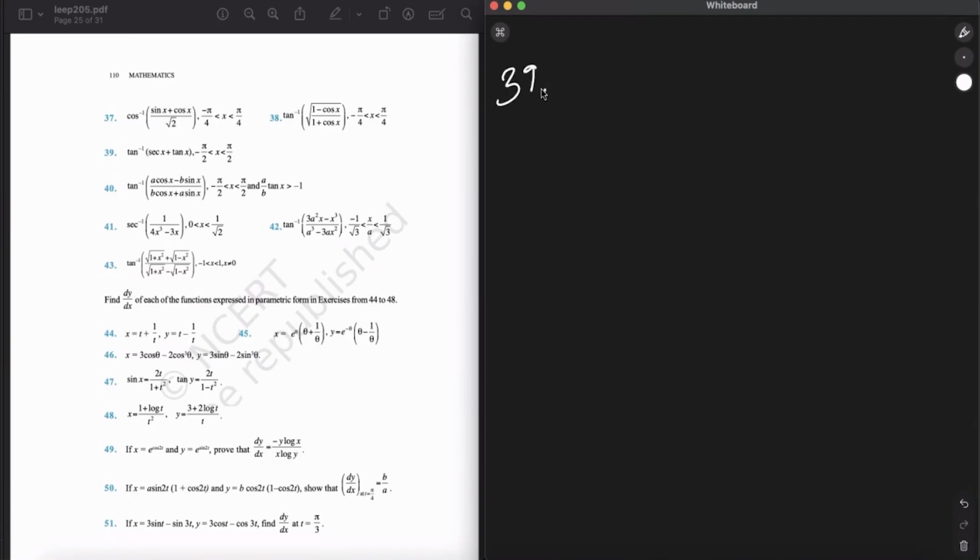The question says that we have to differentiate tan inverse of sec x plus tan x, with range minus pi by 2 to pi by 3.